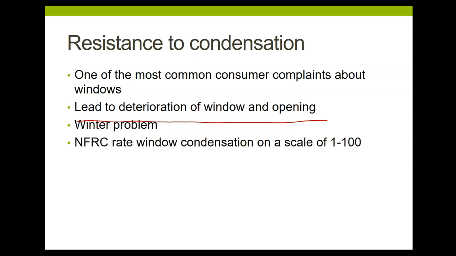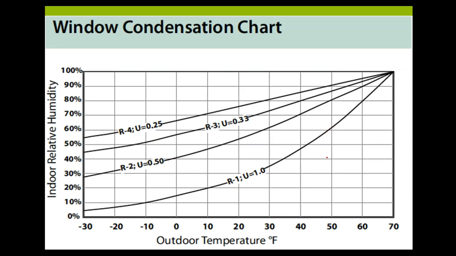Okay, I have a nice chart about that. Look at it. The NFRC rates window condensation resistance between 1 and 100. 1 is bad, 100 is good. So let's look at that. For the relative humidity inside the house, again, we said we want to keep the humidity inside the house between 40 and 60 if we can, otherwise we have to use a dehumidifier.